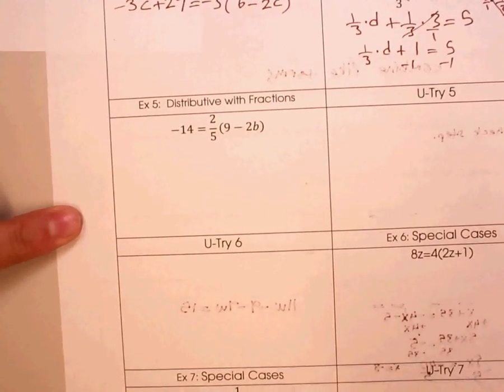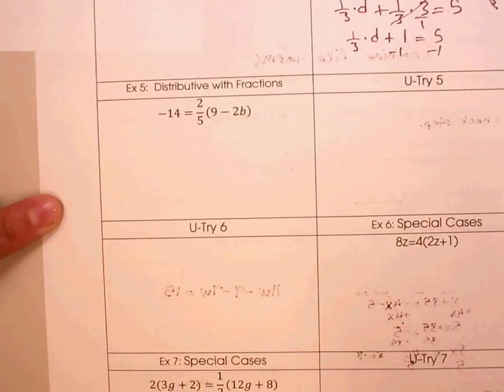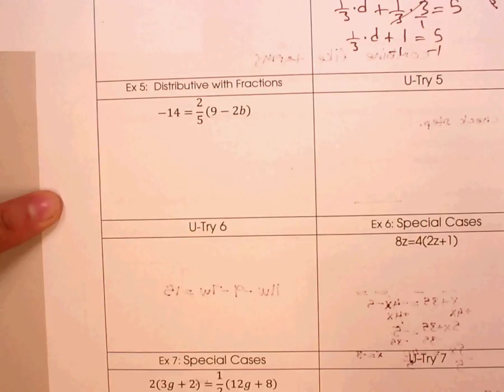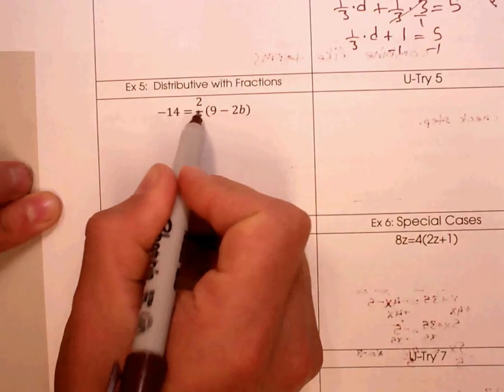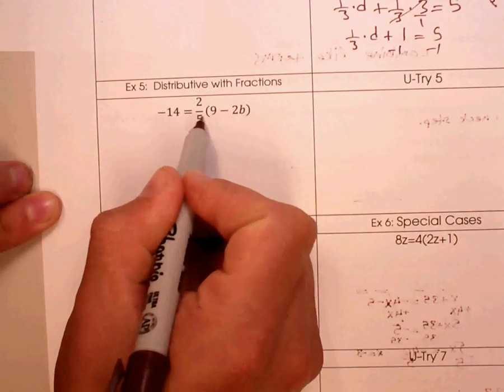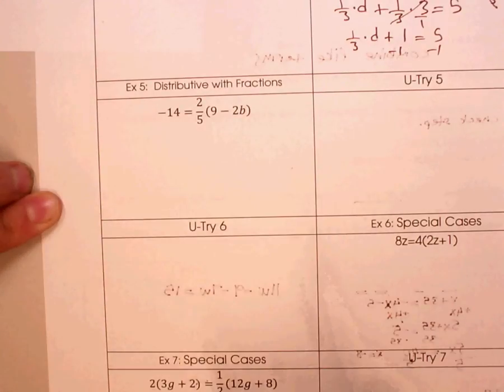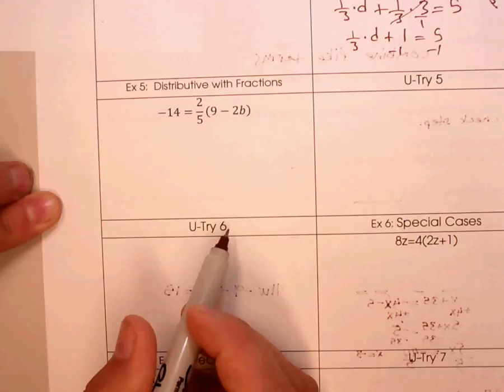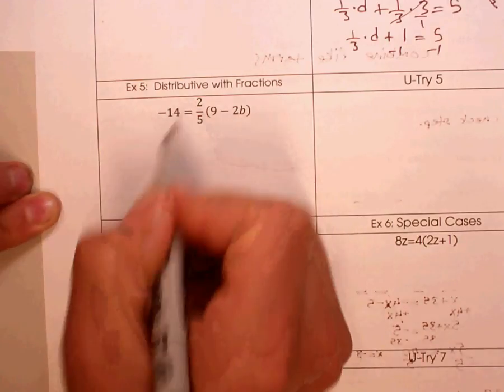Let's do one more example. In this example, instead of distributing, I'm going to teach you another trick where we get rid of the fraction. Dividing by 5 means everything on this side has been divided by 5. So in order to eliminate that, I'm going to multiply each side by the reciprocal right away.